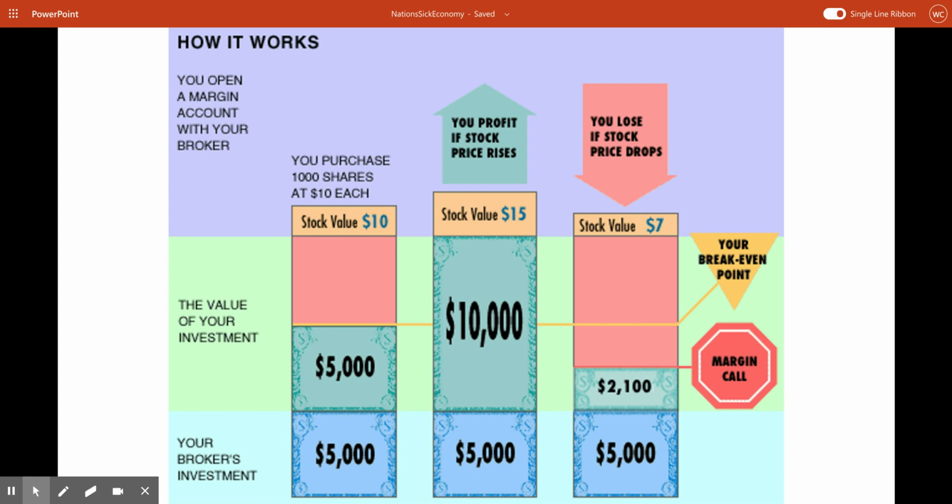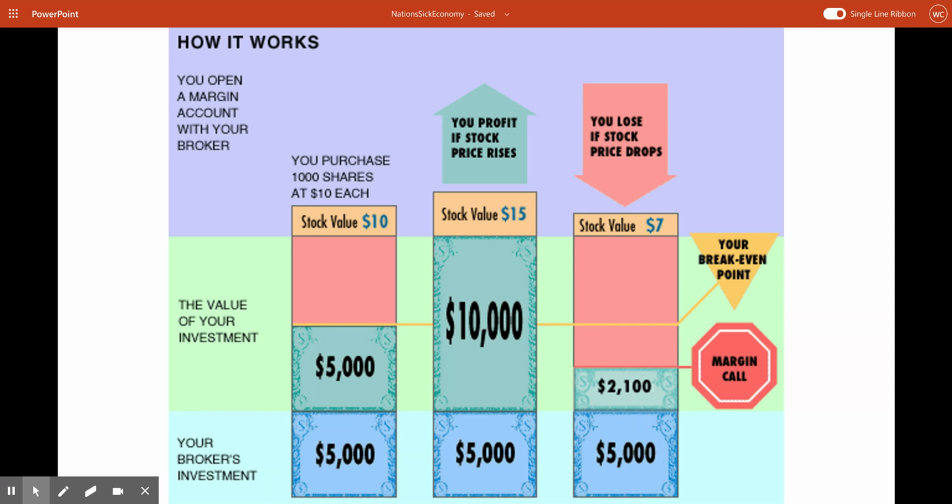Well, as long as your stock makes profit, as you see right here in the second column, say the value of your stock goes from $10,000 to $15,000, you have enough money in that profit to pay back the person you borrowed money from, the original $5,000 you borrowed, right? It's all good. All's well. You get to stash $5,000 in your pocket, right? You've made a profit here.